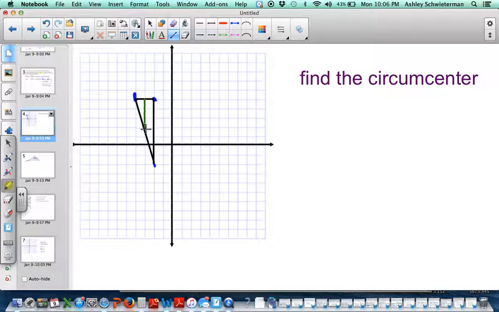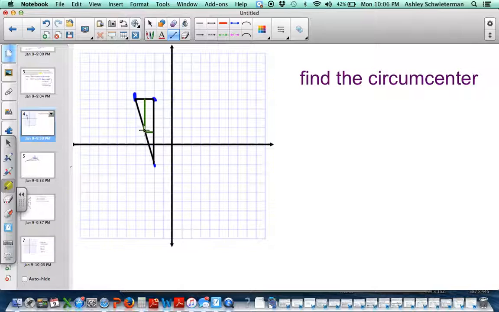So that would be the bisector of that side. This segment's 1, 2, 3, 4, 5, 6, 7, so it'd be about 3.5. This is all approximate, and so they're going to meet approximately right there.